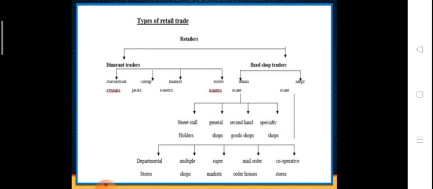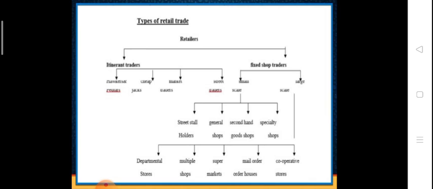Now retail trade is also divided into two parts: itinerant retailer and fixed shop retailer. Itinerant means those who do not have a fixed place of operation, who move from one place to another to sell their things. And fixed shop means a retailer who has a fixed shop for their selling, purchasing or trading activity.